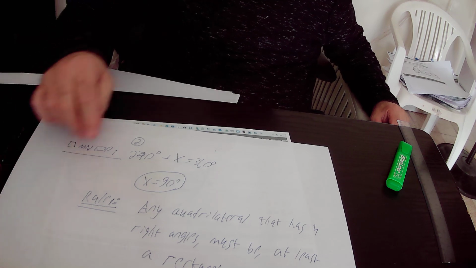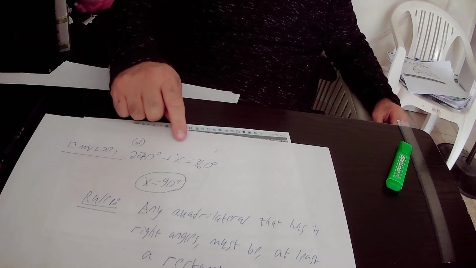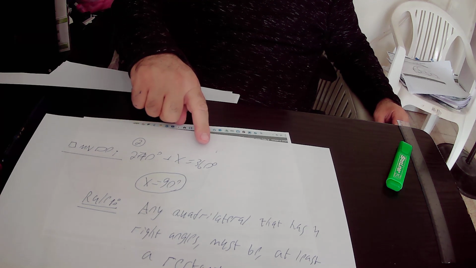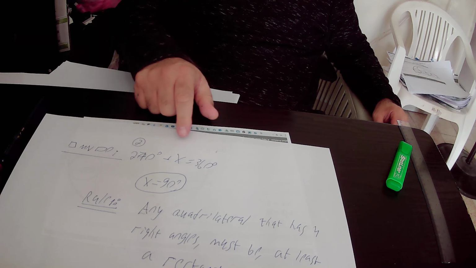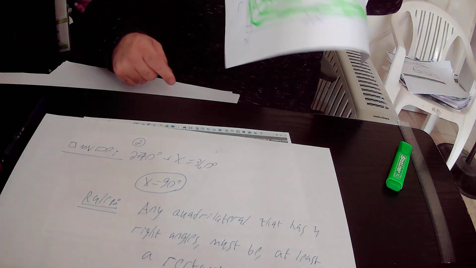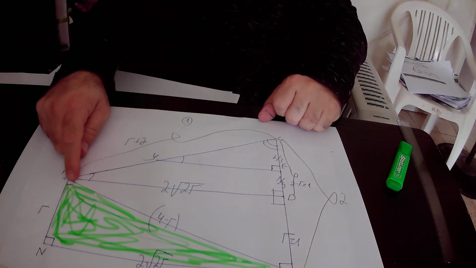That is to say, the sum of the 3 angles, that is 270 degrees, plus the size of the fourth angle, that is x, must be equal to 360 degrees. We subtracted 270 degrees from this equality, and we got that the size of angle x is 90 degrees. So this angle is a right angle, it equals 90 degrees.